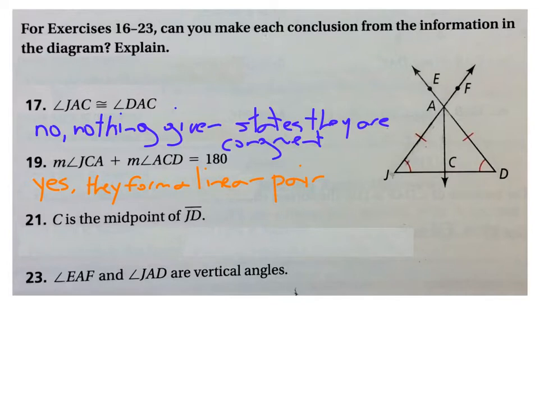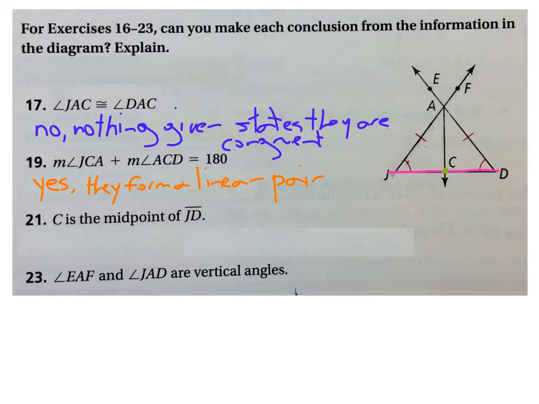of the diagram. Okay, now C is the midpoint of JD. So segment JD is running along here. And C is the midpoint of it.